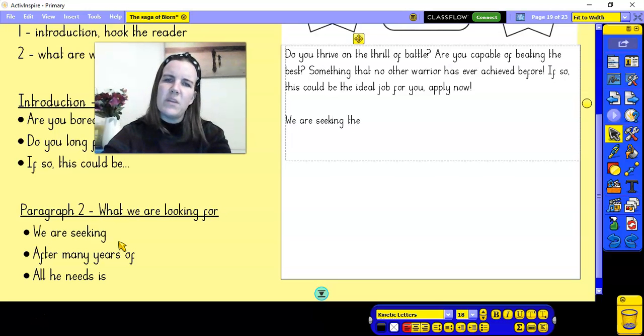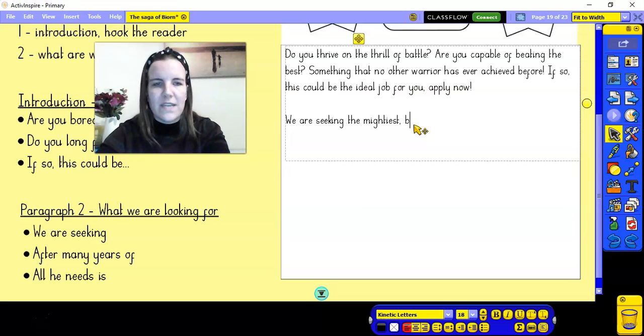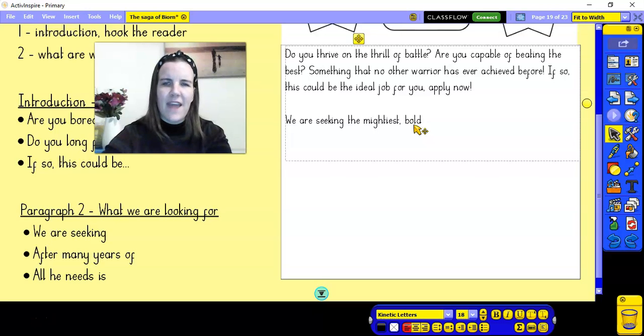Now I want to use some of my superlatives that I've come up with earlier in the week. So I'm going to use mightiest, and I'm remembering my spelling rules as well from earlier in the week. I know mighty is my root word which ends in a Y, so I change my Y to an I before I add est there. We are seeking the mightiest, boldest. I'm going to think about my spelling rule there. It ends in two consonants, so I know I just add est.